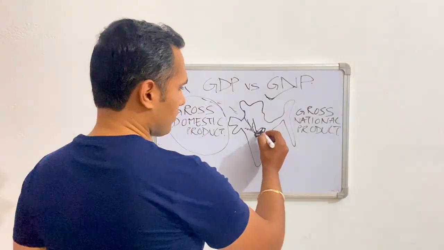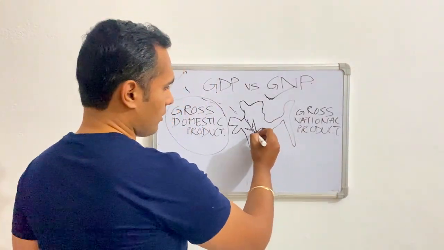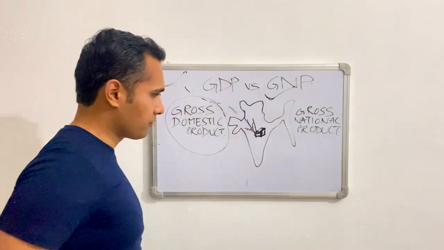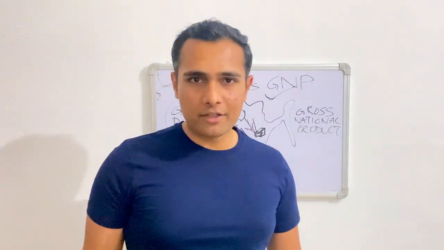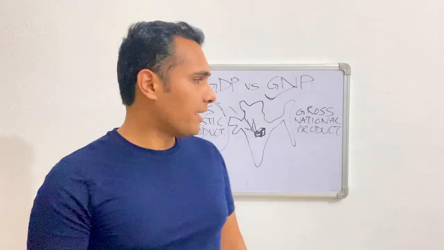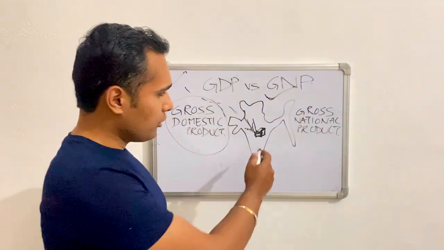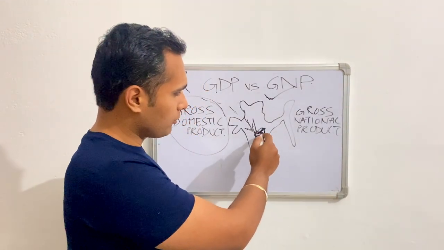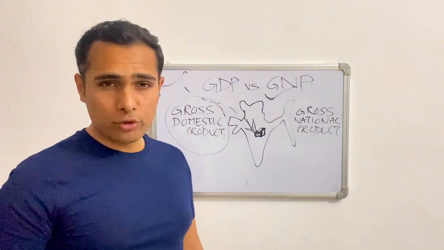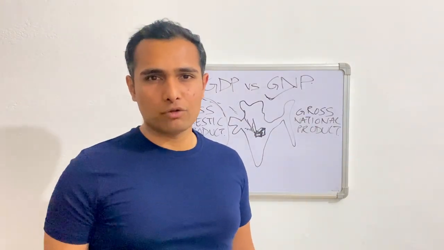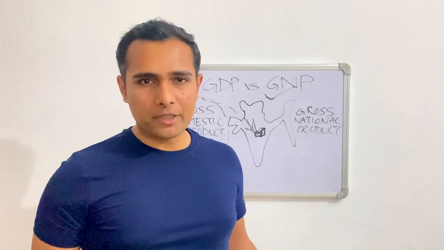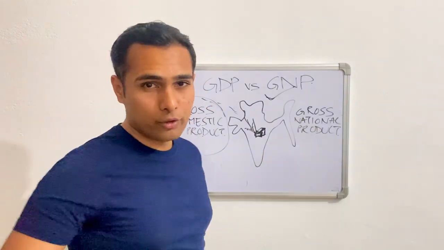Let's say Tom Cruise is again producing, he has started this filmmaking institution. Is this going to get counted inside GNP? No. The value of goods or services offered by Tom Cruise inside India is not going to be counted. Why? Because he is not a citizen of India. Let's say he takes up Indian citizenship, then definitely this is going to get counted.